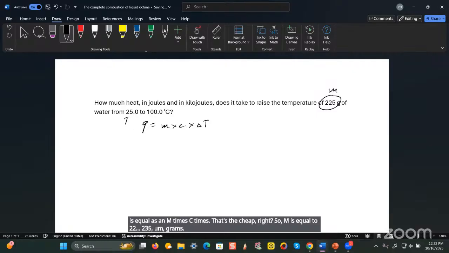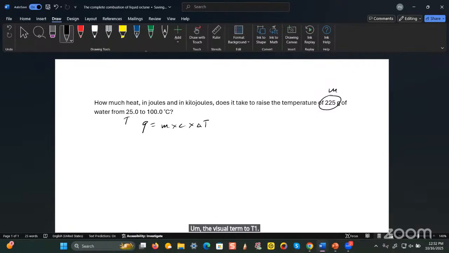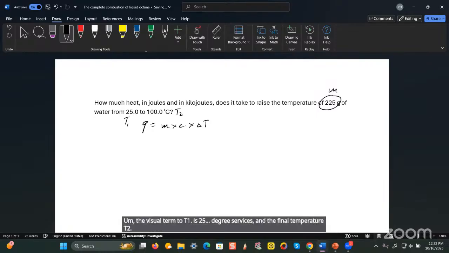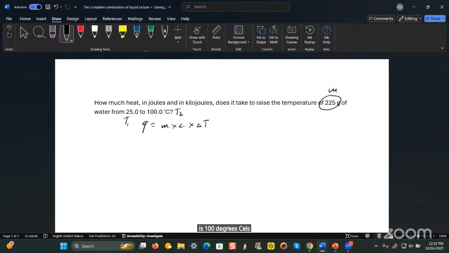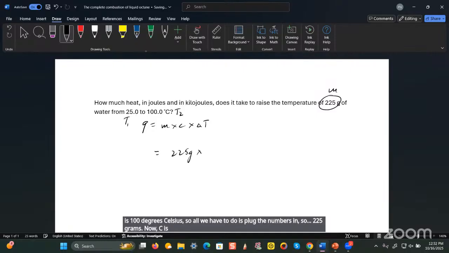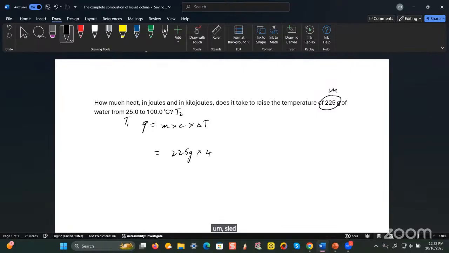The initial temperature T1 is 25 degrees Celsius, and the final temperature T2 is 100 degrees Celsius. So all we have to do is plug the numbers in. So 225 grams. Now C would have to be given, which I showed you in the previous slide. That would be equal to 4.184 joules per gram degrees Celsius.